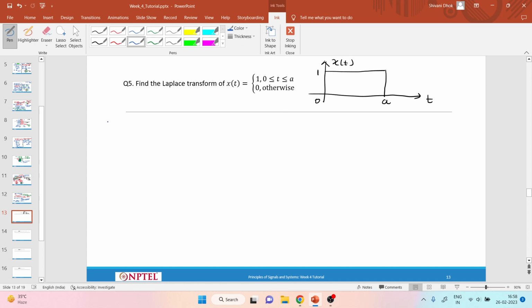Now we can write this x of t as u of t minus u of t minus a. So what we have is x of t is equal to u of t minus u of t minus a.